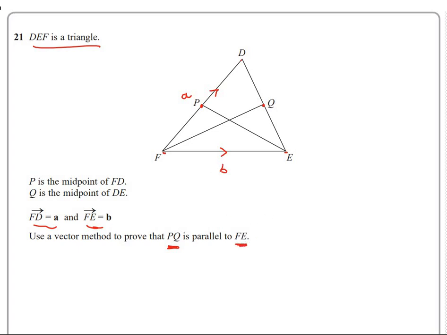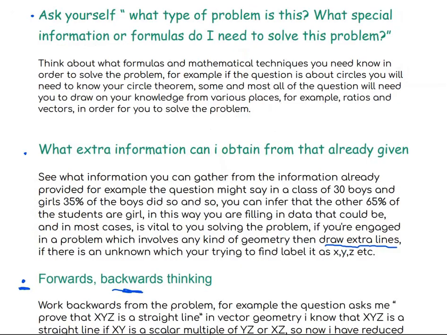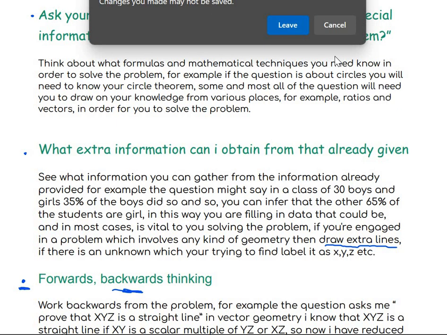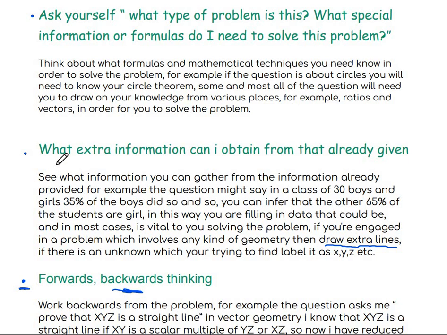Notice here that we're not actually given the line PQ. So what do we do? We refer back to our notes. It says, what extra information can I obtain from what is already given? And it says, if you're engaged in a problem which involves any kind of geometry, draw extra lines.